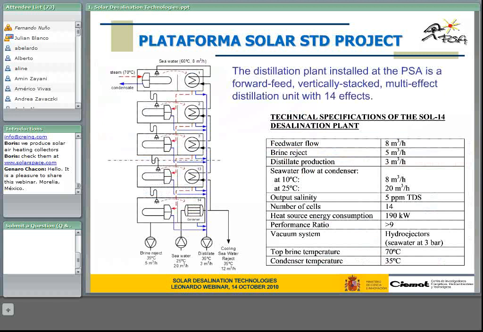Total input of seawater is about 20 cubic meters per hour, of which 12 were used for condensing the last effect, and 8 is the feed water that was pulverized into the first effect. From these 8 cubic meters, 5 is the final brine production and 3 the distillate production.